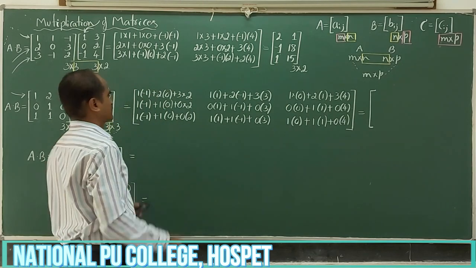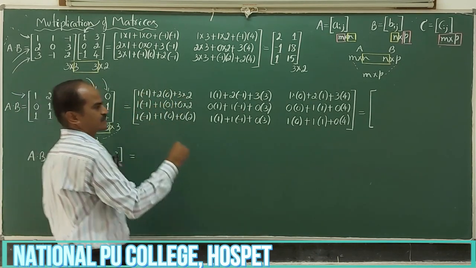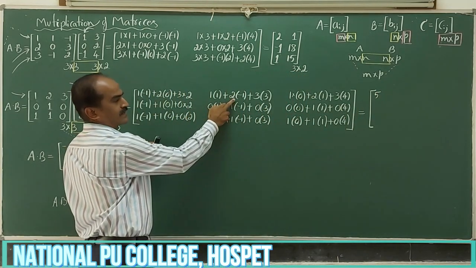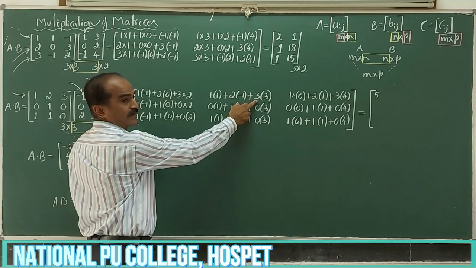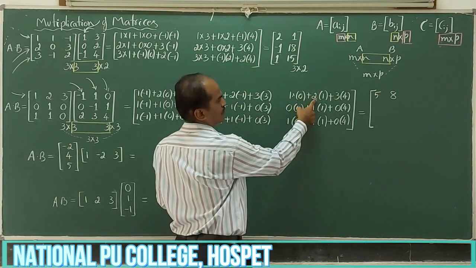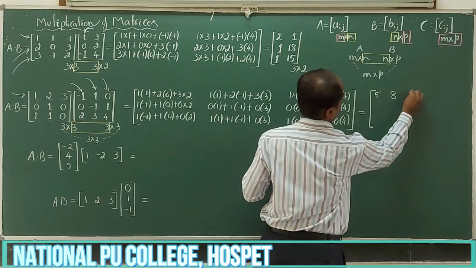Simplify and write. Minus 1 plus 0 plus 6, 6 minus 1, 5. 1 minus 2 minus 1. Minus 1 plus 9, 8. 0 plus 2, 2. 2 plus 12, 14.